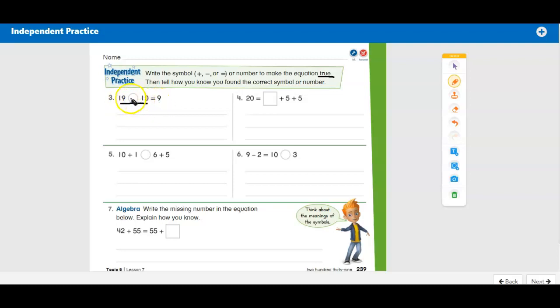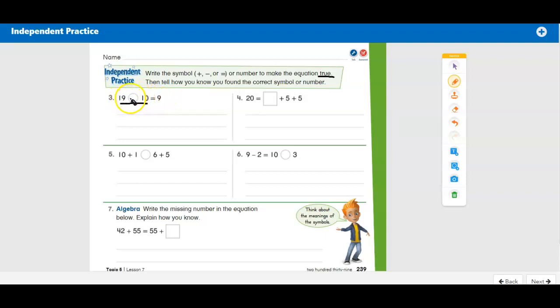So how can we make 19 blank 10 equal 9? 19 plus 10, would that give us 9? 19 plus 10? No, that would give us a pretty high number. What about 19 minus 10? Would that give us 9?